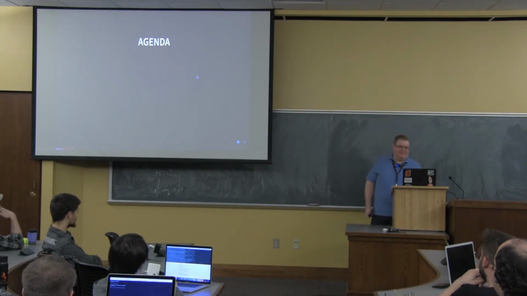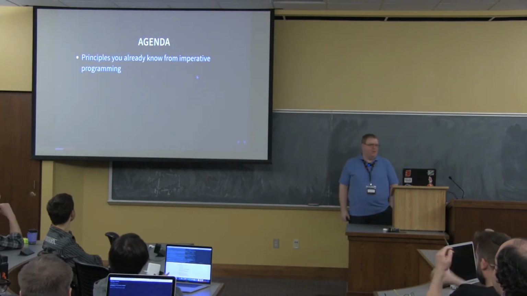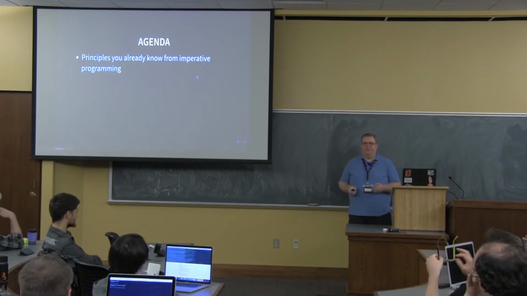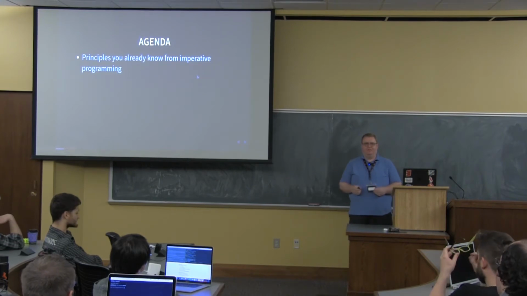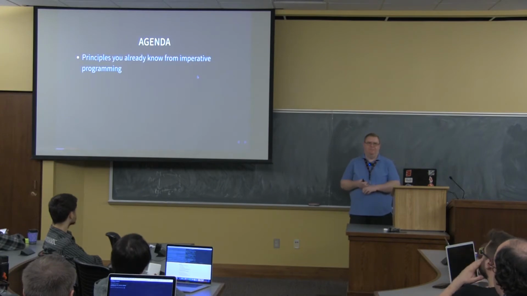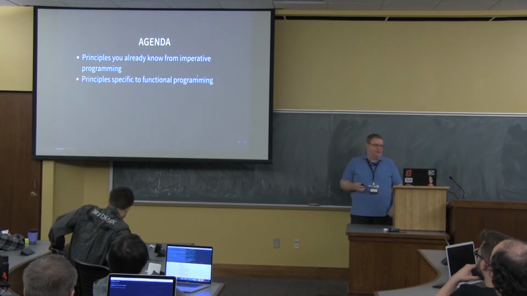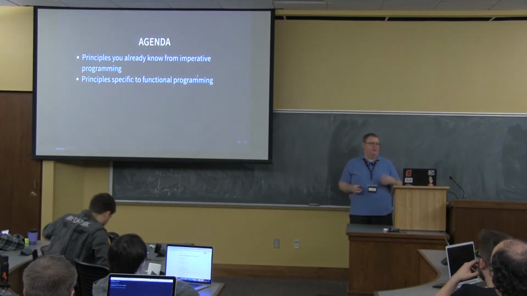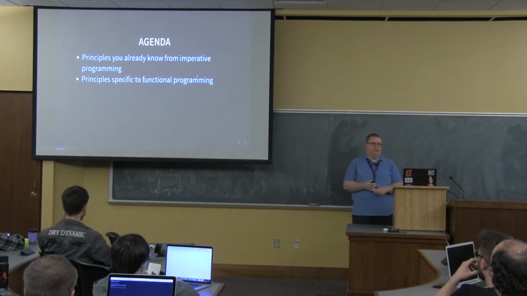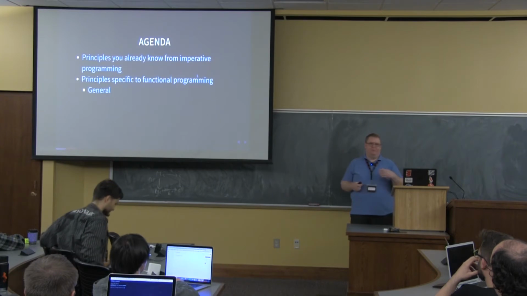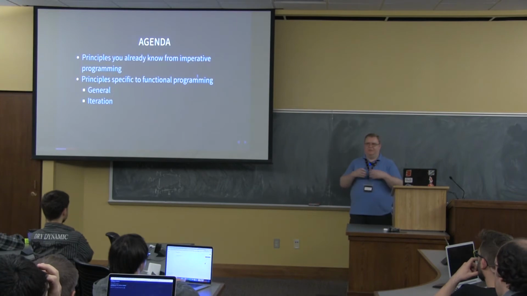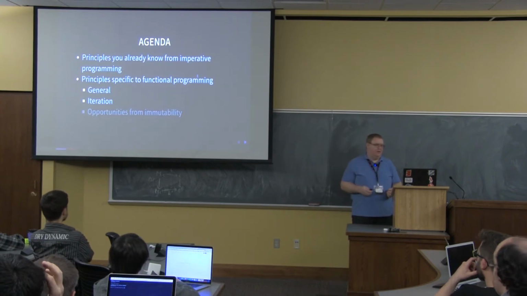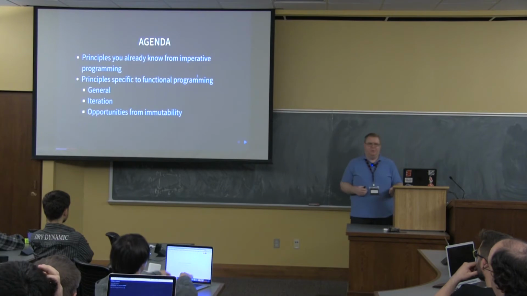Okay, so what we're going to talk about today, we're going to talk about some principles that you already know from imperative programming and how you can adapt those to functional programming. And then most of the talk is going to be principles that are specific to functional programming, and that's going to be broken down further into some general principles, some principles specific to iteration, and some opportunities from immutability.